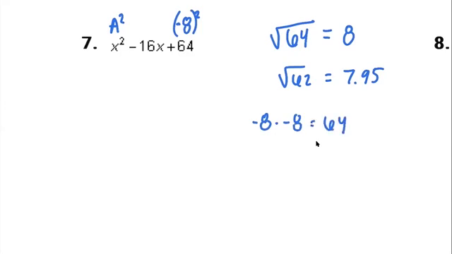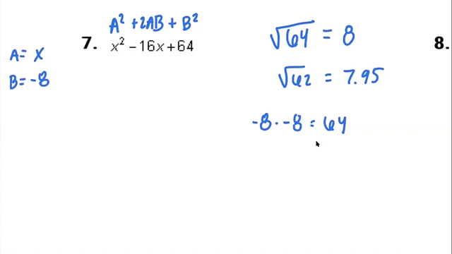So this is still in that form of a squared plus b squared plus 2ab. It just looks a little bit different. A is still x, b is still negative 8.